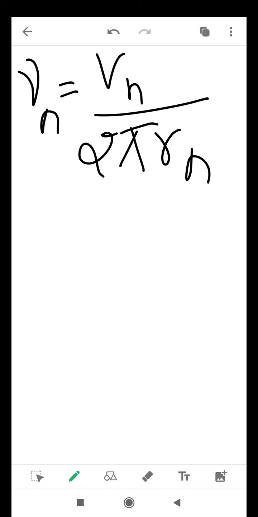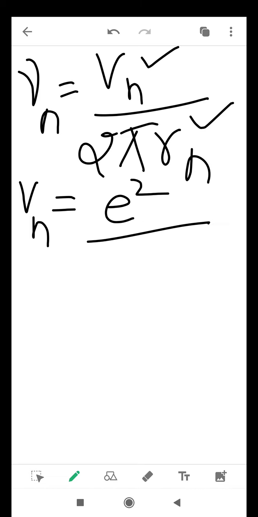This is the basic expression to get the value of frequency. We know the value of Vn, we had derived this. Also we know the value of Rn for its nth orbit. So take the values of Vn and Rn directly and substitute them in the frequency equation. The value of Vn is given by e square divided by 2h epsilon naught n.